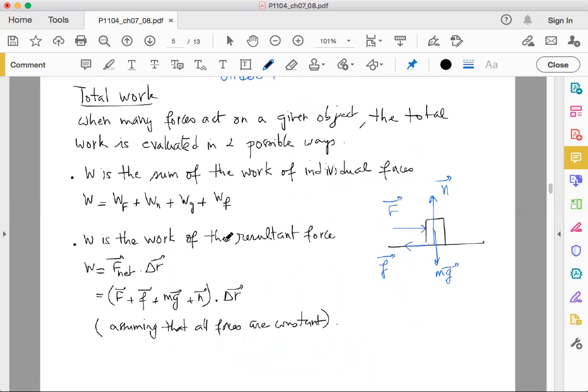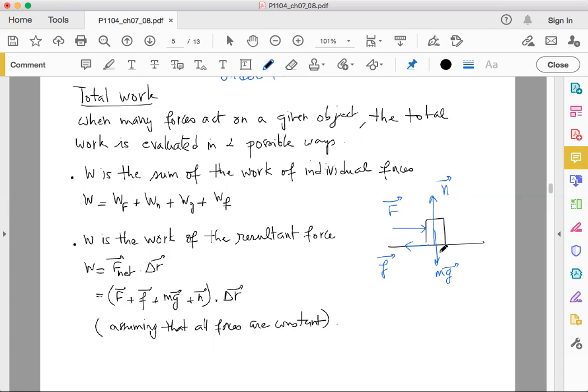Now, the total work. Suppose that we have different forces acting on a given object. The total work is evaluated in two possible ways. So let's say you have this kind of object. This block is moving on a horizontal surface where you have a friction in addition to the other forces that are previously shown. So we have the weight, we have the normal, we have a given force F applied, and you have a friction between the block and the surface.